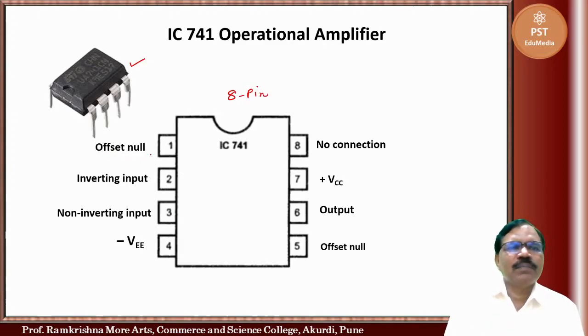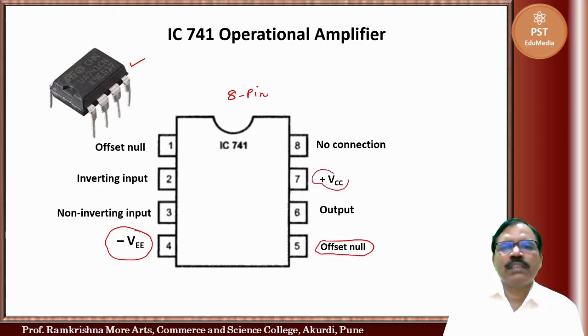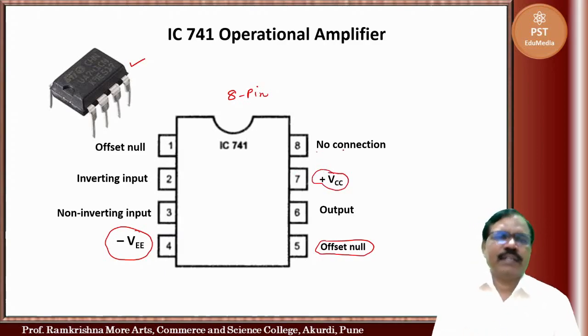First pin is offset null, second pin is called inverting input, third is non-inverting input, fourth pin is for negative supply, fifth pin is offset null, generally not connected, sixth pin is the output, seventh pin is for positive supply, and eighth pin is not connected.